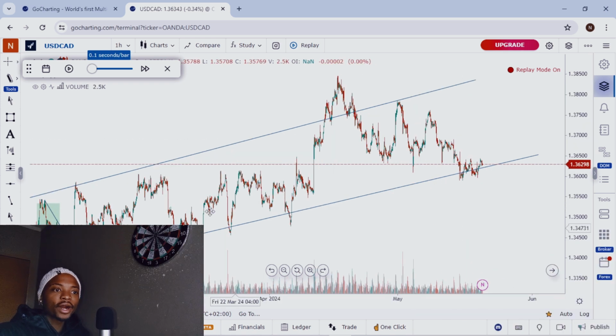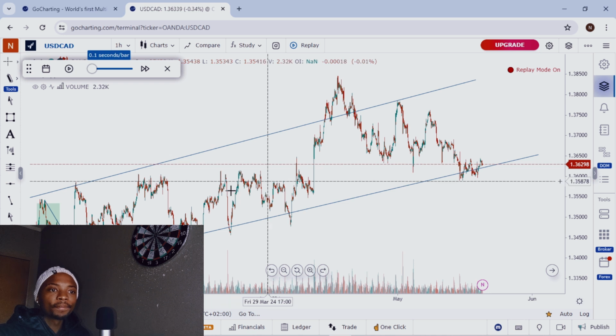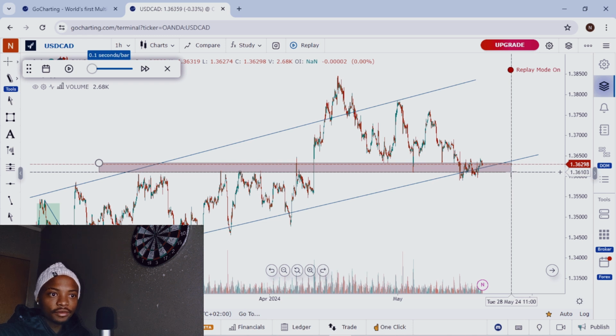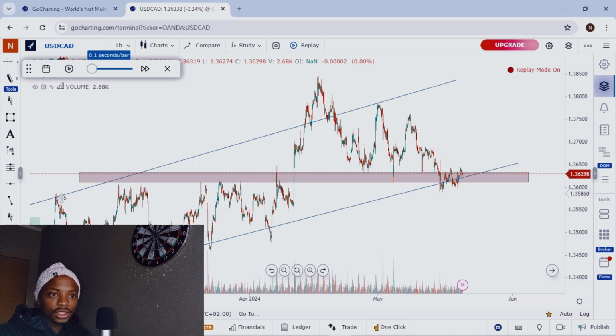So we already know that price is in an uptrend because this channel right here is ascending, meaning that it keeps on going higher, right? So the next thing to do is that we have to identify our areas of interest, which is where our resistance is and where our support is.